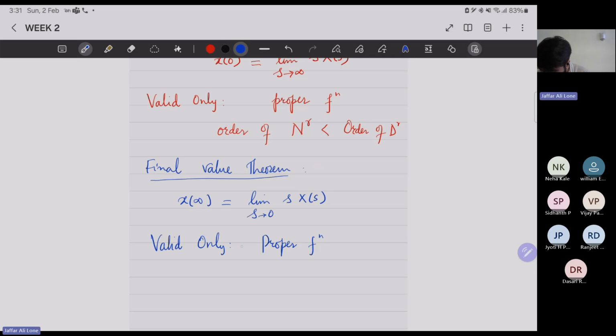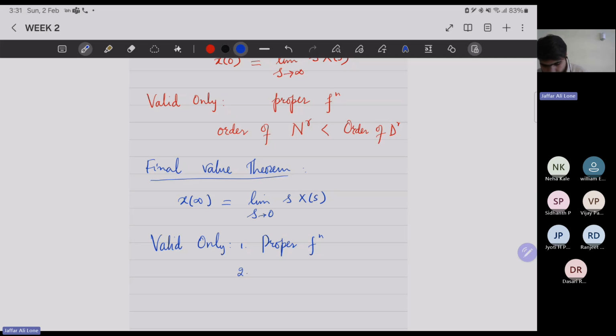But this is condition 1, and condition 2 is that all the poles must lie in the left half plane. What does that mean? That means we have a bounded signal.